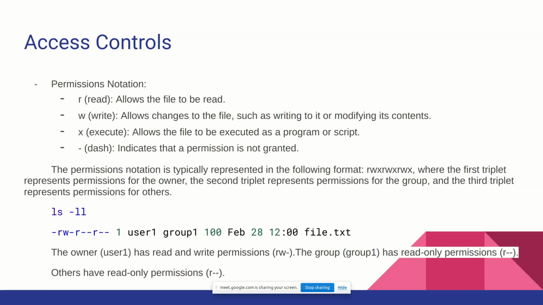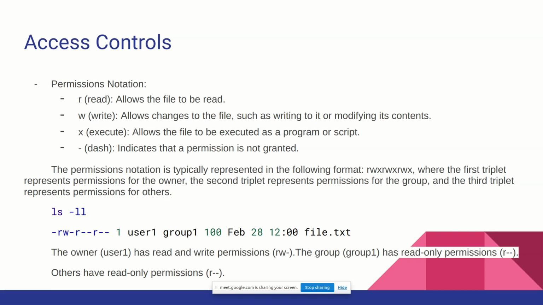Other than r, w, x, and dash, which are only for permissions, to identify whether something is a directory or a file, there is a special notation called d, which stands for directory.